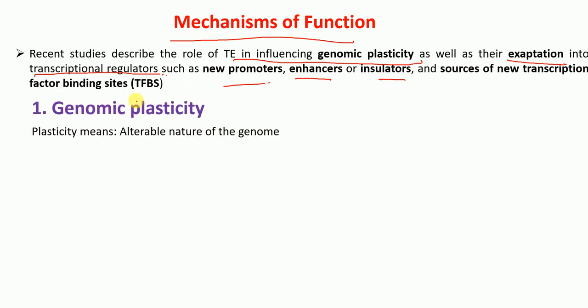First is genomic plasticity. The literal meaning of genomic plasticity is the alterable, changeable nature of the genome. Transposable elements can cause changes in the genome, so they play a role in genomic plasticity.